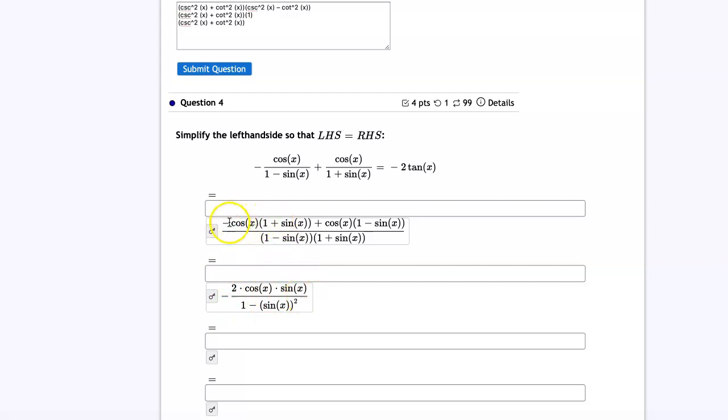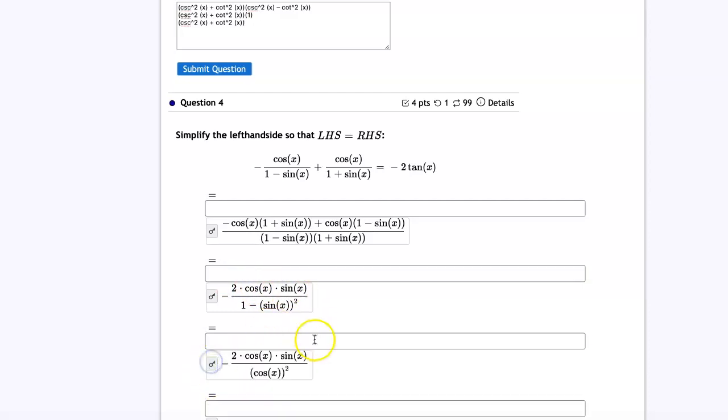Well, when you distribute this, negative cosine x times 1 and cosine x times 1 are additive inverses, so they canceled out. Then we have negative cosine sine and negative cosine sine. So if you have two copies of negative cosine sine, then you have negative 2 cosine sine. So that's what happened there.